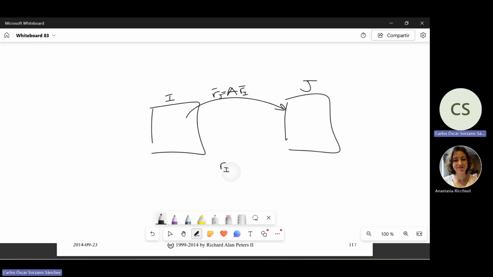So I can say Ri is A minus 1 Rj. So going in this direction is A, going in this direction is A minus 1. This is the inverse of A.